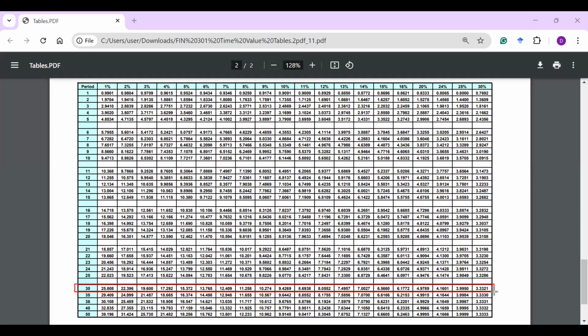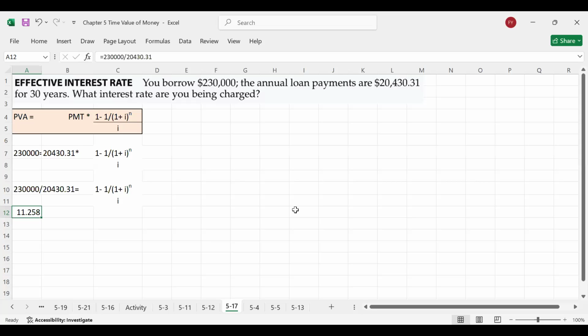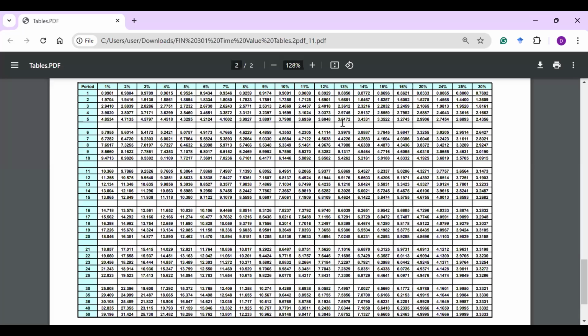Now again, we are going to match our factor with the percentage. What was the factor? You can see again we have 11.258. So we are going to find 11.258 in 30 years.